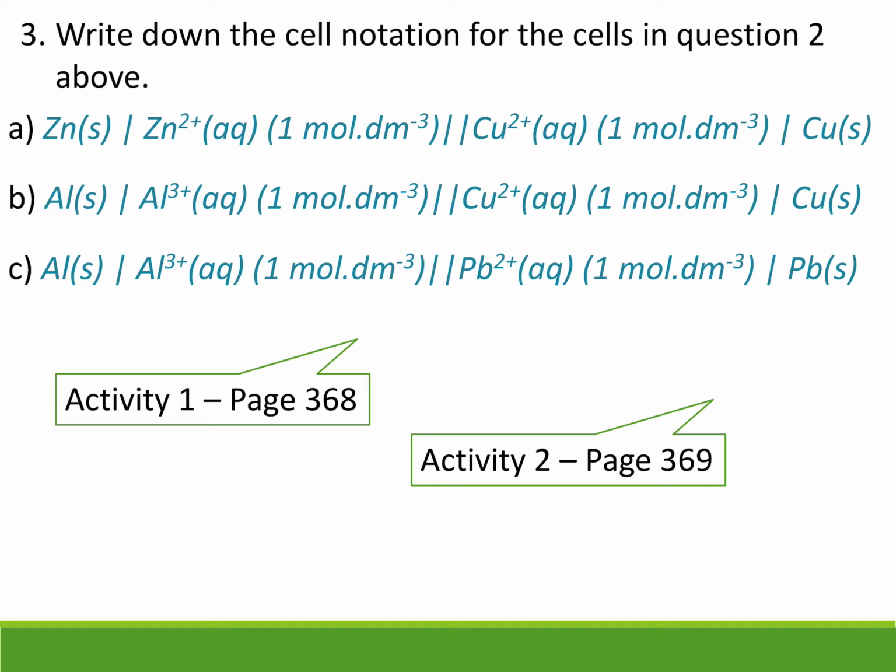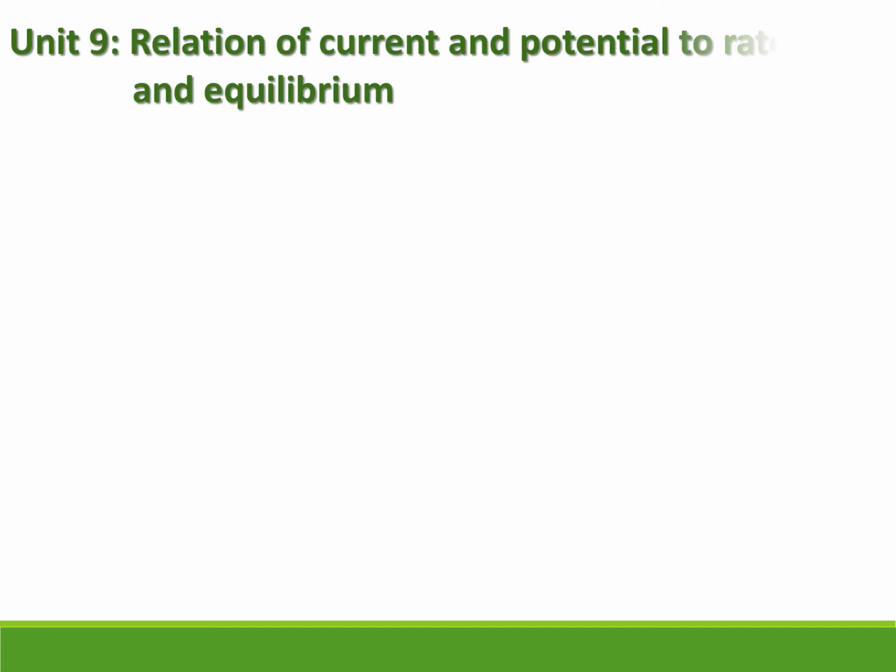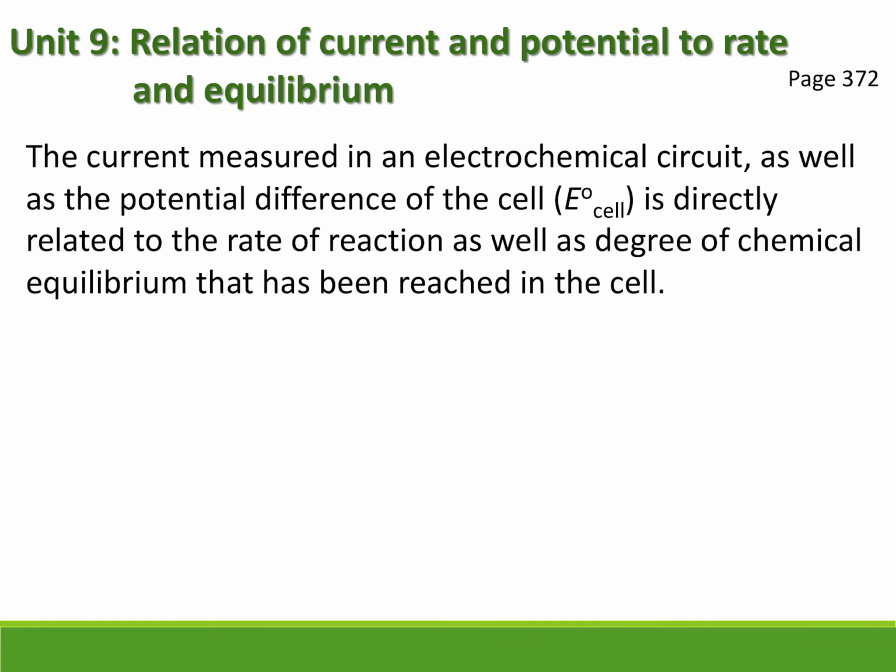One last little section we need to do. And that's the relationship between current and potential to the rate of an equilibrium. The current measured in a circuit, as well as the potential difference, is directly related to the rate of reaction as well as the degree of chemical equilibrium.